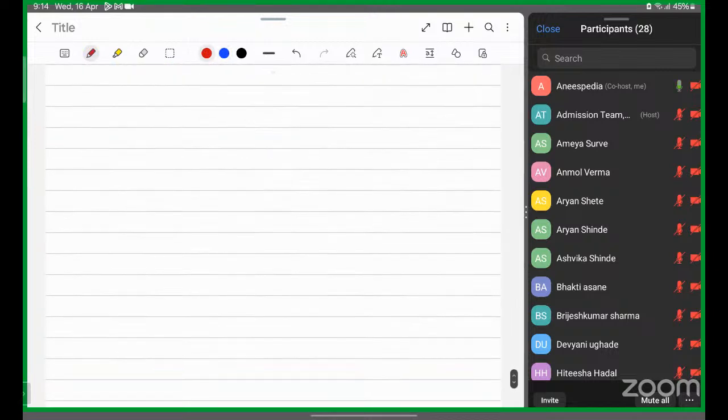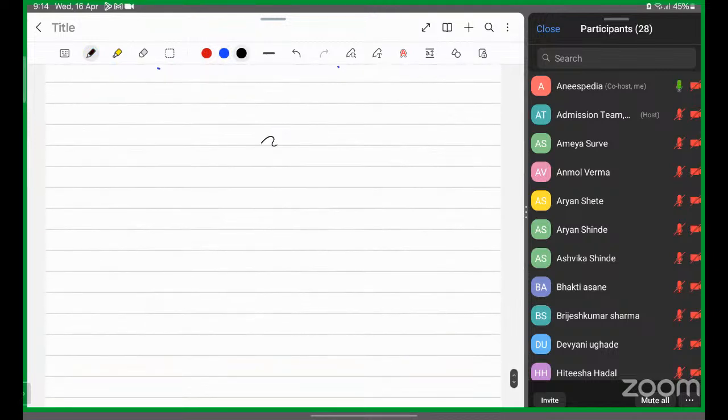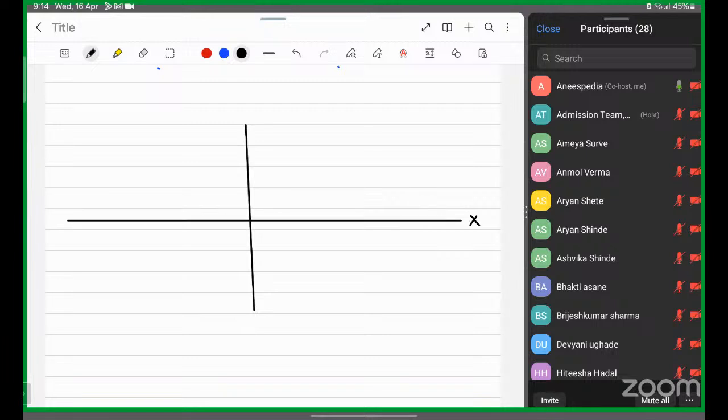If you plot the graph, that will be far easier to study the properties of greatest integer. This is greatest integer x and y. For 0 to 1, output is 0. So this will be 0 to 1. For 1 to 2, output will be 1. So this point will be 1.